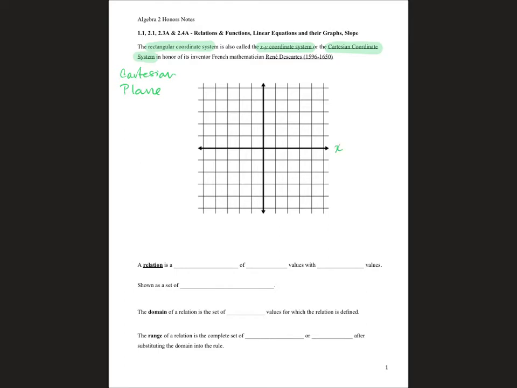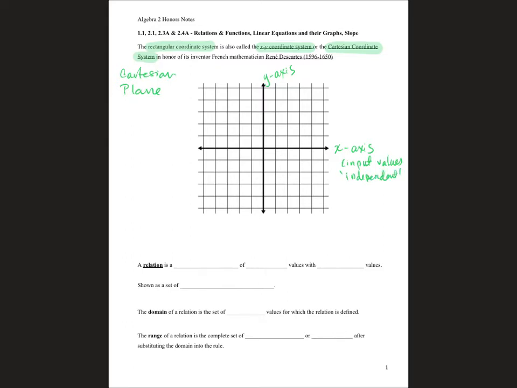So this horizontal axis is known as the x-axis. The vertical axis is known as the y-axis. We are known to write equations where we have an input and an output. So our input values, also known as our independent values, are x values.